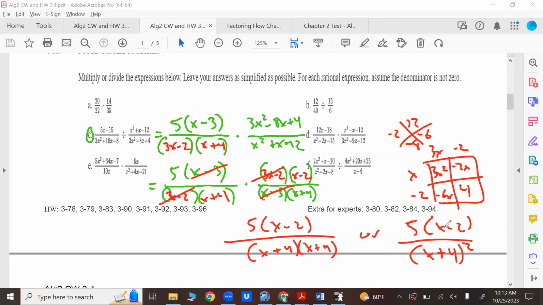And if you want to do that, what's the domain of that? We set the denominator to 0.